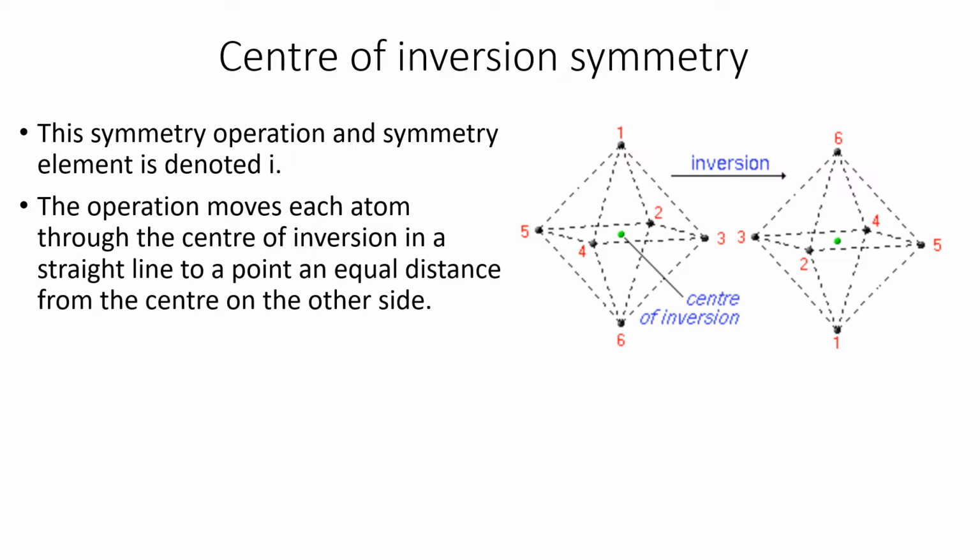That would entail that you would draw a straight line to the centre of inversion, have it continue out on the other side as a straight line in the same direction, and then map the original point to the same distance on the opposite side of the centre of inversion. We can see that on the picture here. On the right hand octahedron, you see the 1 has moved down to the bottom, and that reflects how it's moved down to the centre of inversion and then out the other side the same distance.